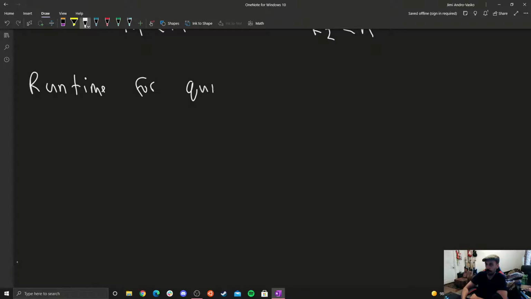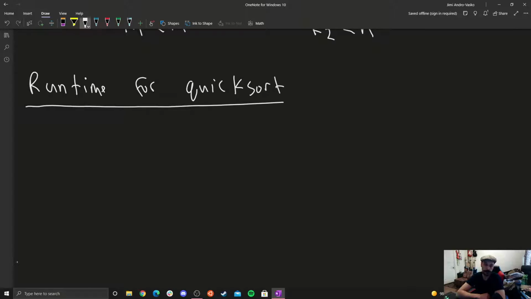Runtime for quicksort. In CS302, you probably already have seen the analysis of quicksort. Essentially, the runtime depends pretty much on the pivot chosen.